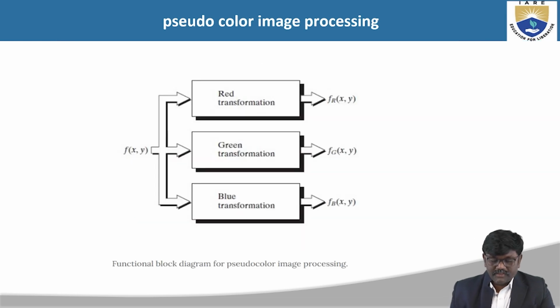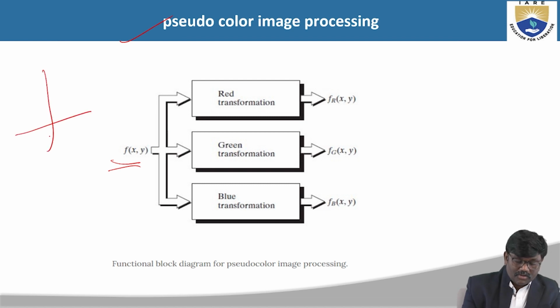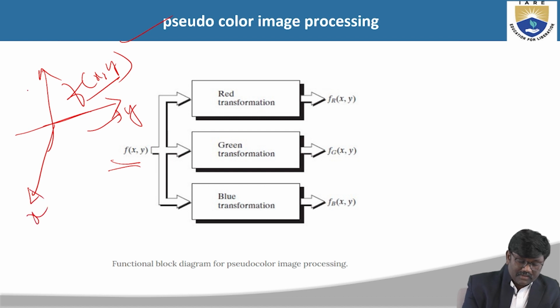Let us see how pseudo color image processing works. You are already aware of how f of x comma y varies in terms of the Cartesian coordinates x and y of intensity.